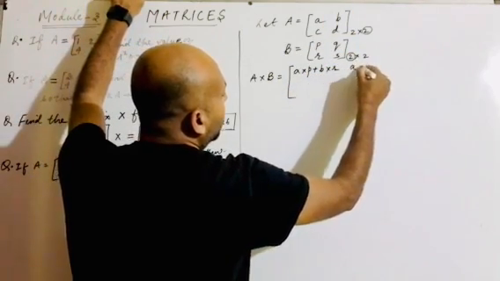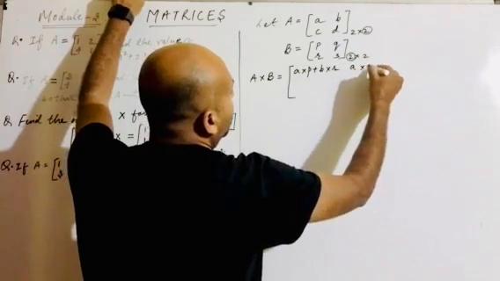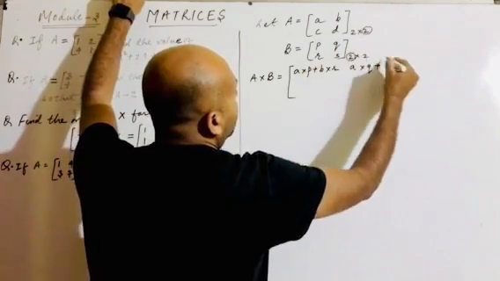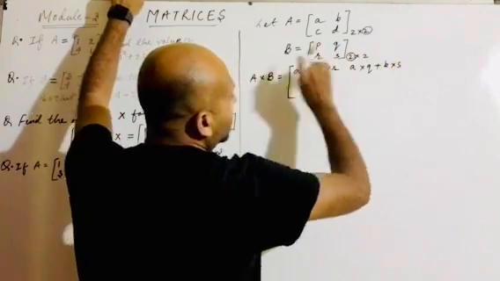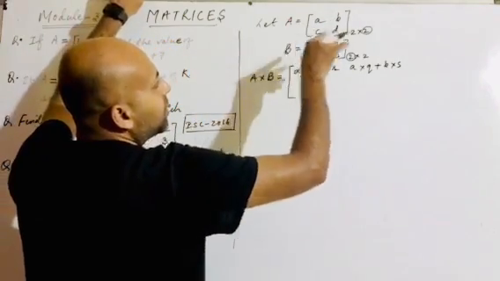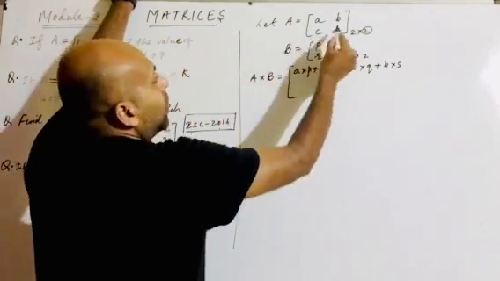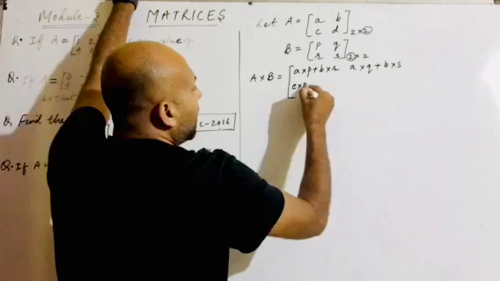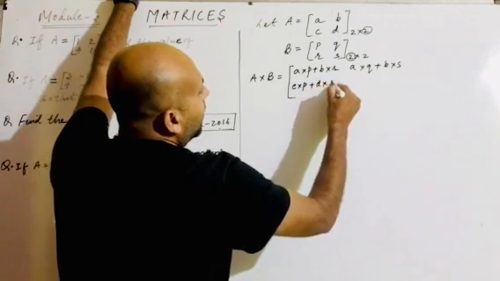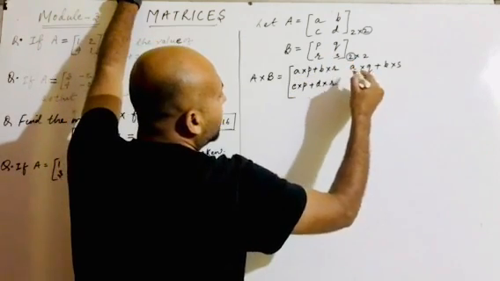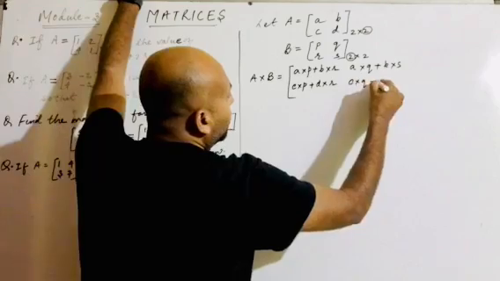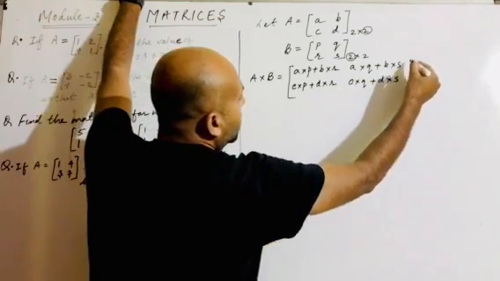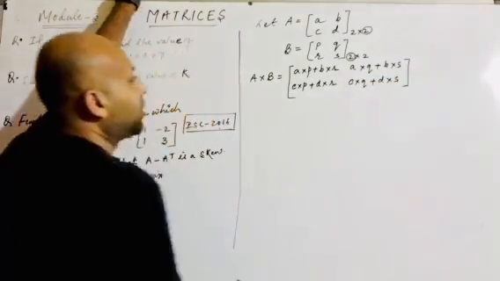First row and first column. Again the next part: a will be multiplied to q, plus b will be multiplied to s. Is it clear? First row, first column, then again the first row will be multiplied to the second column. Now the second row, that is c will be multiplied to p, plus d will be multiplied to r. Again the next part: c will be multiplied to q and then d will be multiplied to s. So this is how you are going to do the multiplication of the matrix.